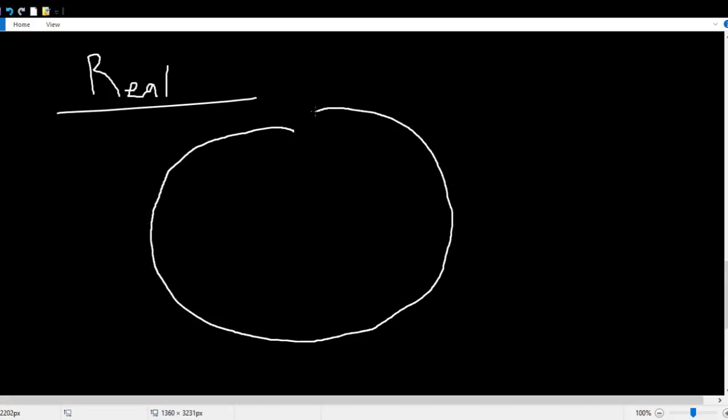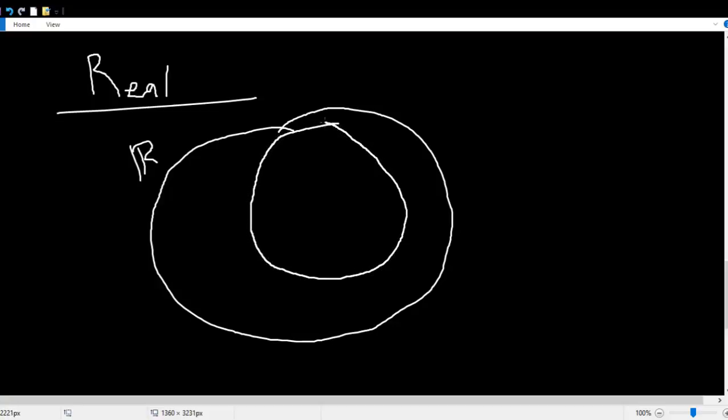So you're going to want to start with your huge web diagram that deals with real values, so R. And within that, you're going to want to put in a section where they are rational, Q, because not every real value is rational, but every rational value is real by definition.